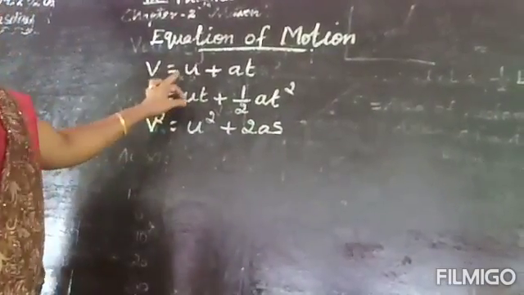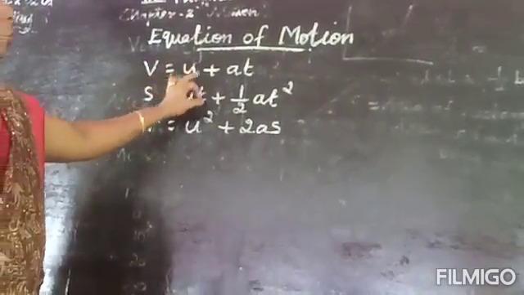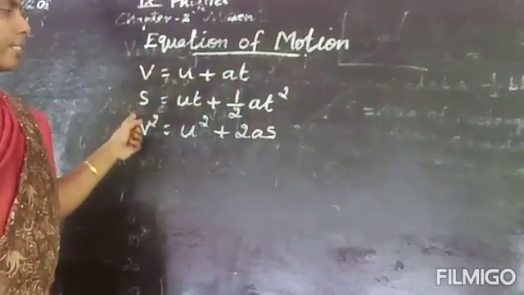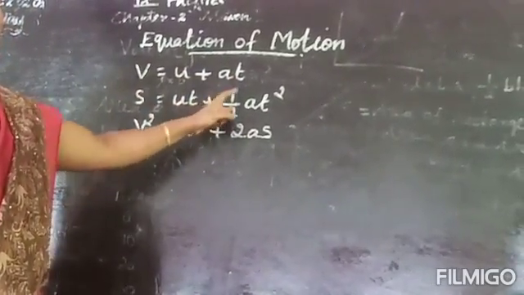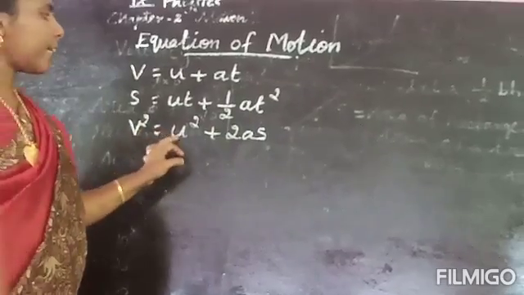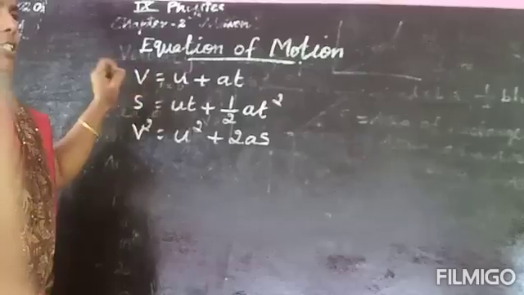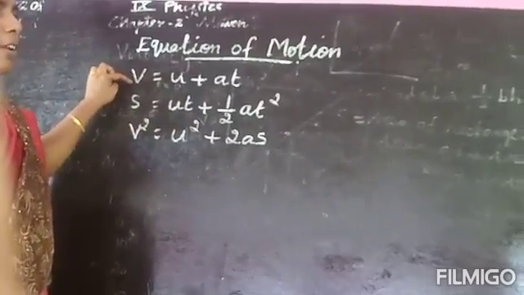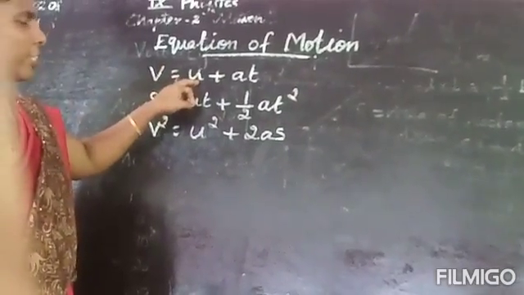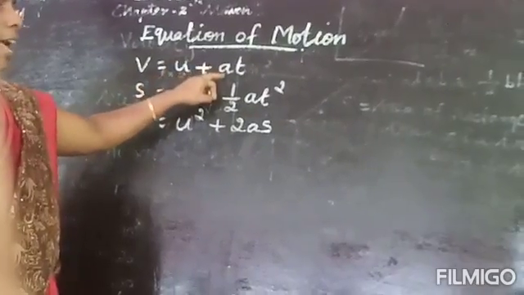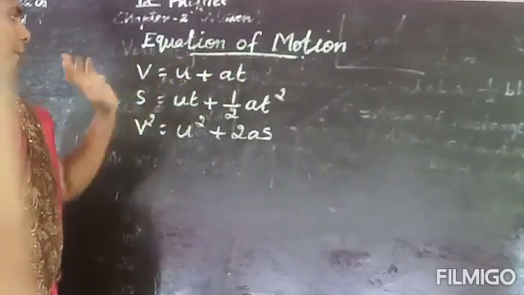Now listen, 3 equations. V equal to U plus AT. S equal to UT plus half AT square. V square equal to U square plus 2AS. Now we can learn each letter. See, V final velocity, U initial velocity, A acceleration, T time.